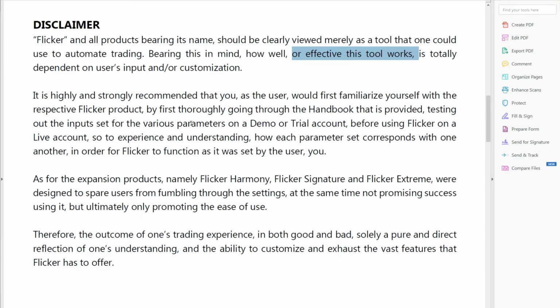Now I noticed that this is a very grave mistake that many traders have been making: they just buy the EA, slap on a set file, and let it run on a live account, without having prior knowledge of how the EA should work or will function.